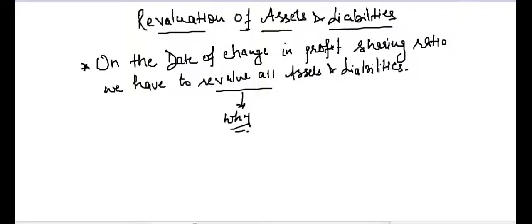Any profit or loss on revaluation, you can write this down.